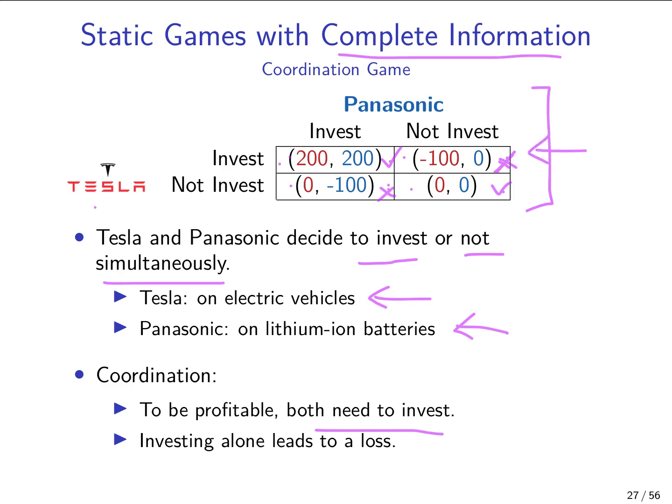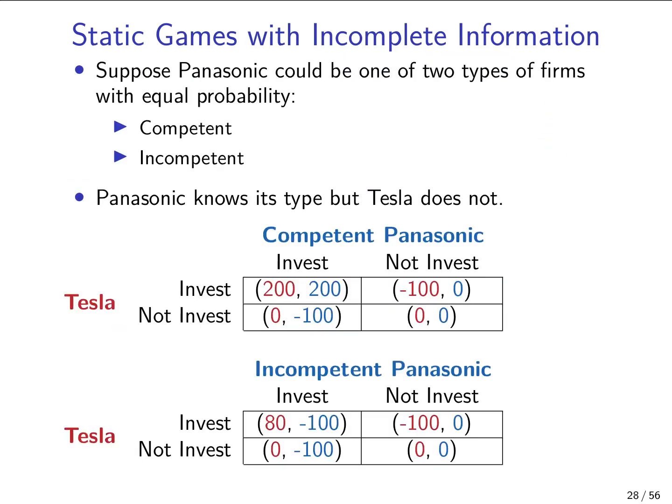Okay, so now imagine changing the game a little bit, and say, suppose Panasonic could be one of two types with equal probability, 50-50. With 50% probability, Panasonic is a competent company, or the management of Panasonic is competent. And with another 50% chance, Panasonic is incompetent.